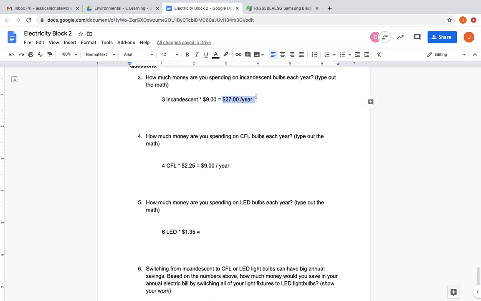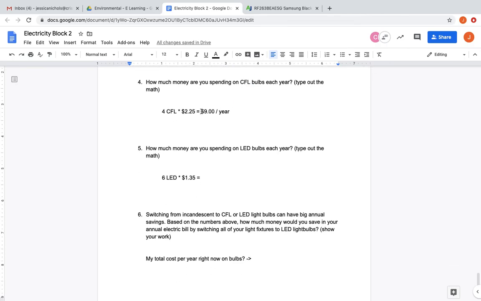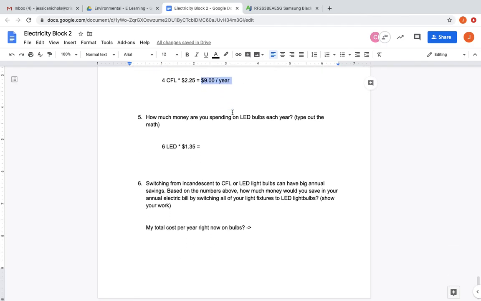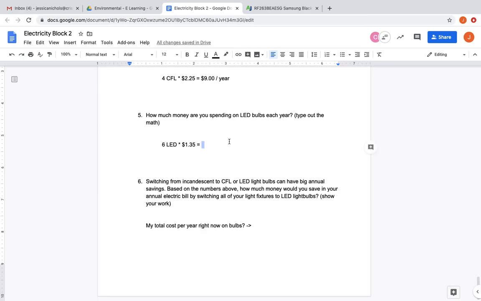I'm going to add up my $27 for my incandescent bulbs, my $9 for my CFLs, and my, what is that, 7? 8, that's going to be $8 for my LED bulbs, and my total cost is going to be some amount, okay? So that is how much I spend right now on light bulbs.